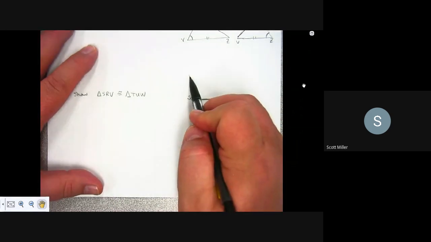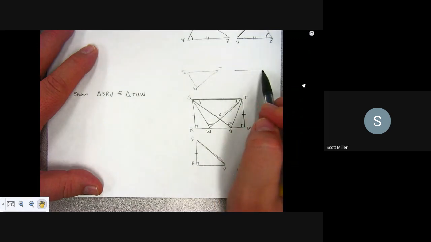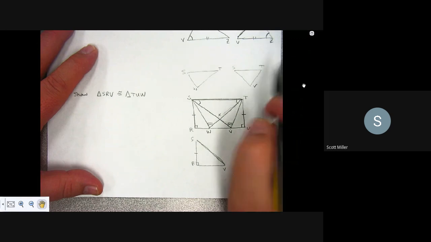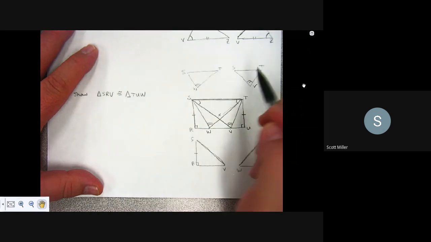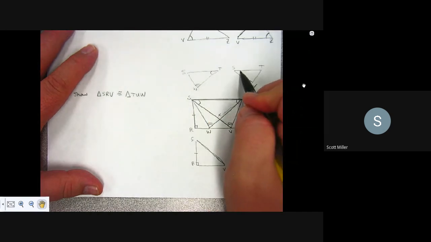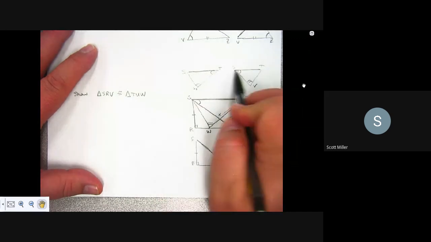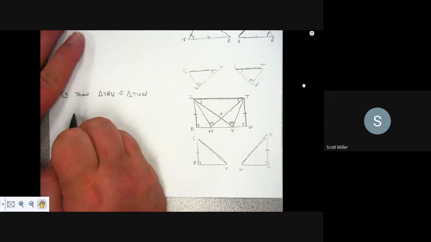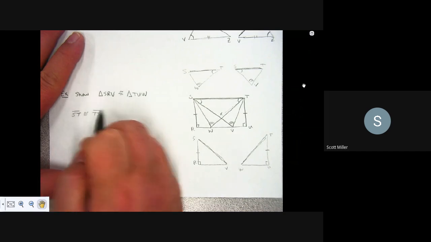So if I look at those triangles, this is S, T, and this is W. This is S, T, and this is V. And V and W are congruent. This angle is congruent to this angle. And this side, I just got to state that that side right there is congruent to itself. So ST is going to be congruent to TS. It's the same side.